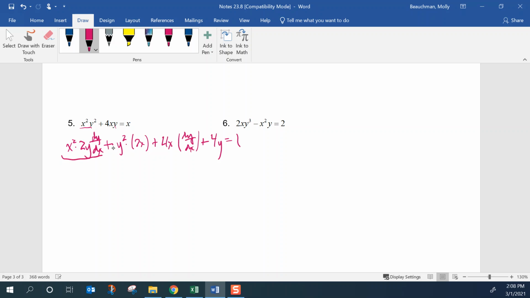Keep all the terms with the dy/dx on one side. So I'm going to have 2x squared y dy/dx plus 4x dy/dx is equal to, take y squared times 2x, which is 2xy squared, to the other side. It becomes negative. Take our 4y to the other side, minus 4y, and 1 is already over there.